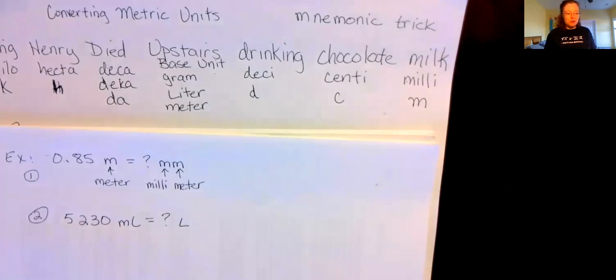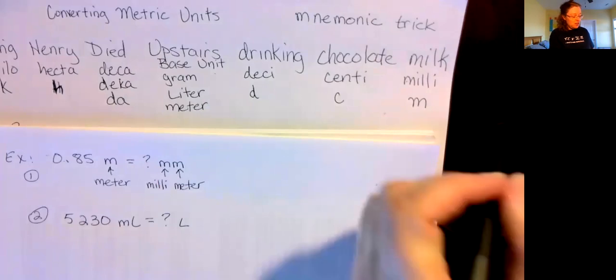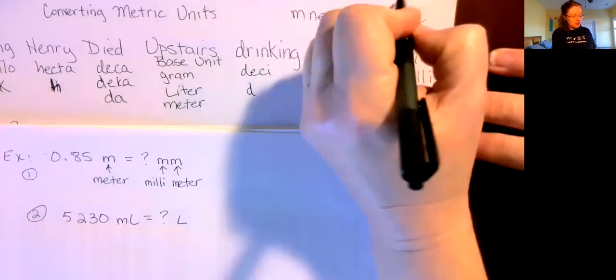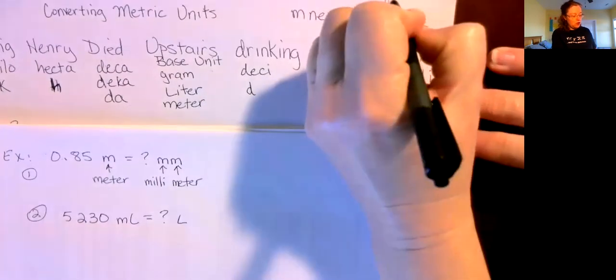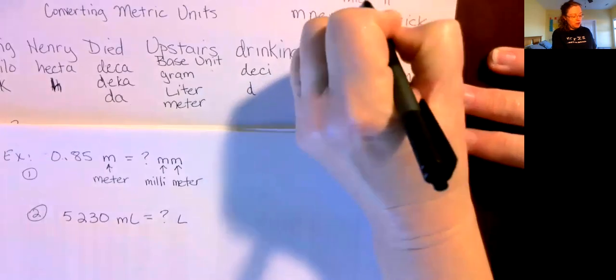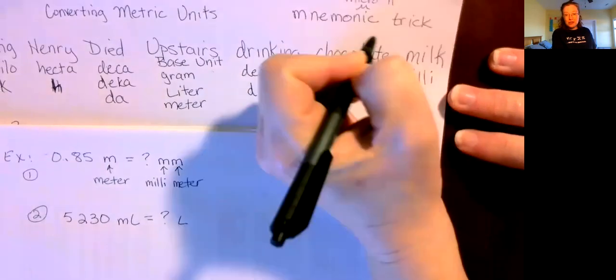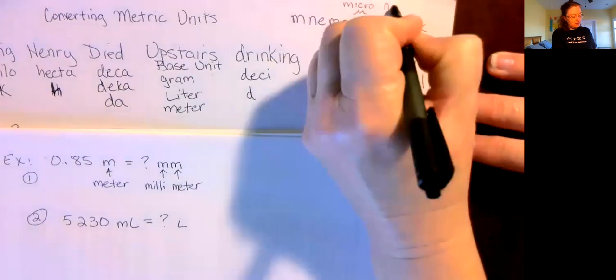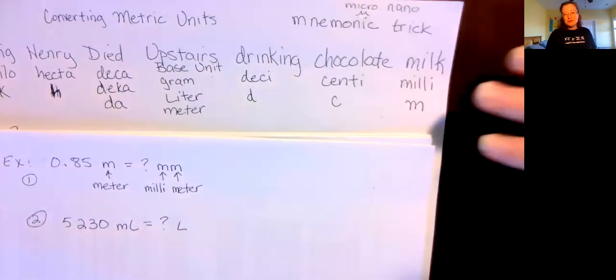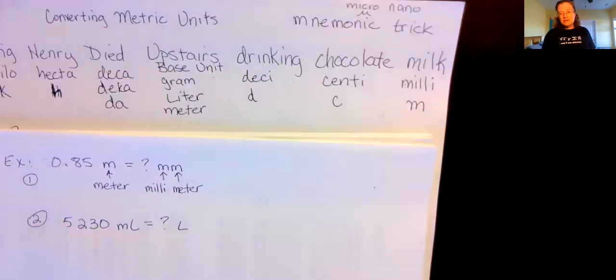But also you could think of it as a B for base unit. Then the D, C, and M. And if you want, you could always keep going because after milli, there's also micro, which looks kind of like a U, and nano. So you could always add some extra words to remember those are the next two in line after milli.